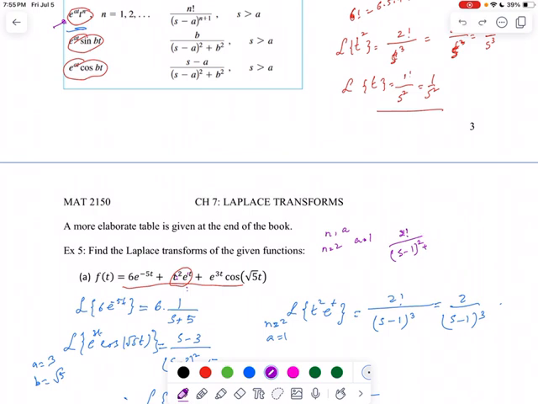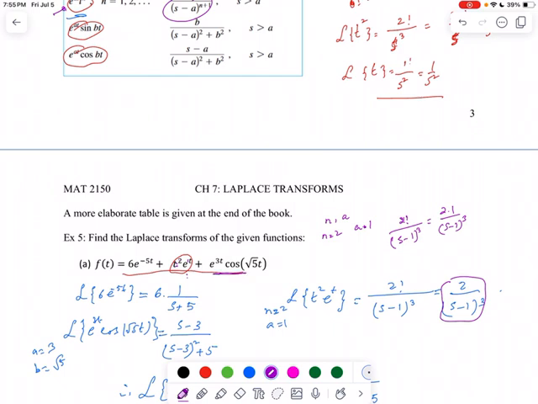Oh, sorry, I'm looking at the wrong formula. Okay, go back. It is this one we are looking at. So 2 factorial divided by s minus a, s minus 1 raised to n plus 1, so it will be cube. So it will be 2 factorial, which is 2 times 1, divided by s minus 1 whole to the third.